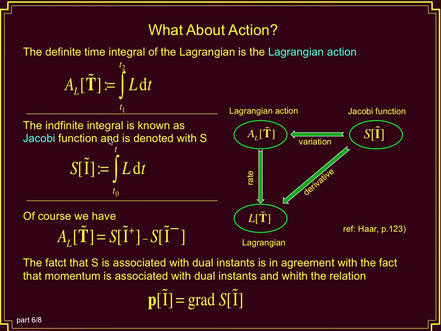The corresponding indefinite time integral is known as the Jacobi function and is denoted by capital S. S is a Jacobi function used in analytical mechanics. Of course, the Lagrangian action is the difference between the Jacobi function at two dual instants. Hence, we see that here the Lagrangian is associated with dual instant.